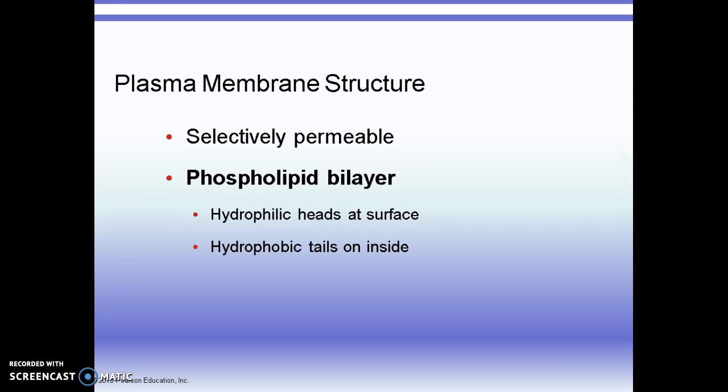More review. Plasma membrane is a phospholipid bilayer with the hydrophilic heads at the surface, hydrophobic tails sandwiched on the inside. So it's like a butter sandwich where the hydrophilic heads are the butter, and in between will be the fatty substances, the hydrophobic tails. It's selectively permeable. That means the membrane is what chooses what is going to enter and leave the cell.